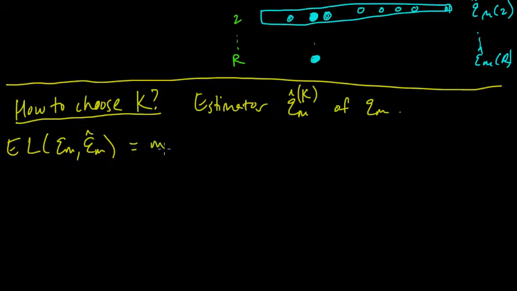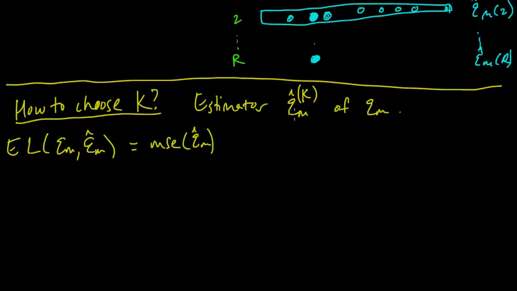And that is, of course, the mean squared error. That's just the definition of the mean squared error. This also depends on the data, as a random variable. Let's drop that, but just remember that it's a random variable that's a function of the data, and the randomness comes from the data.